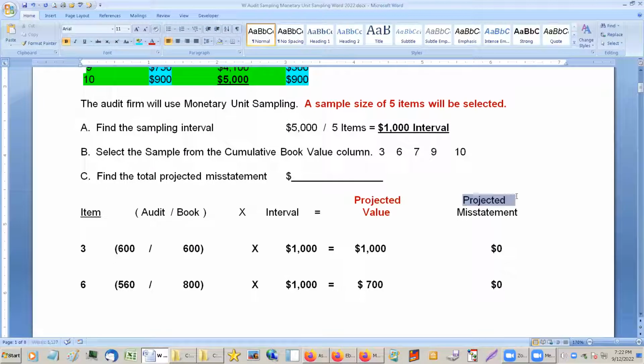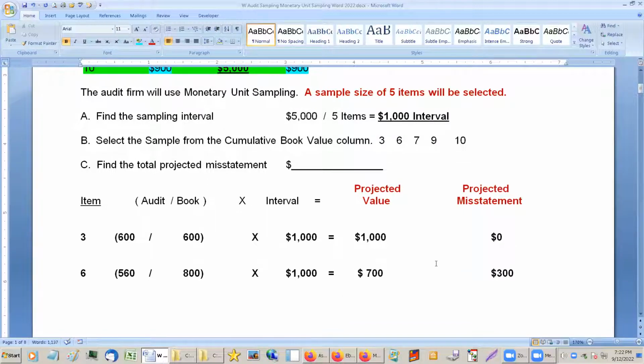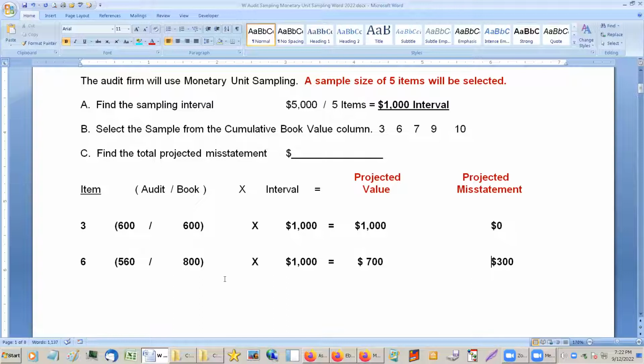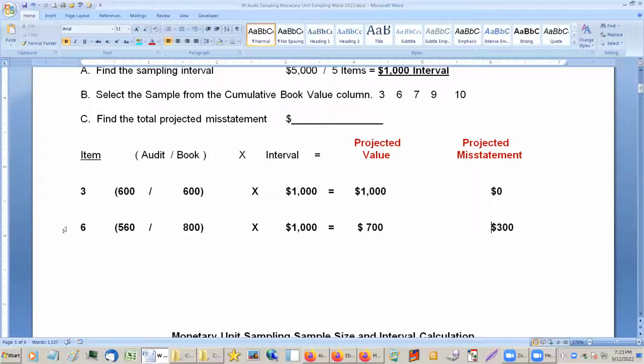So what would be the projected misstatement for that interval, that $1,000 interval? Would that be the difference? So the negative 300? Yeah, so we're gonna put in 300. Okay. And copy that down.